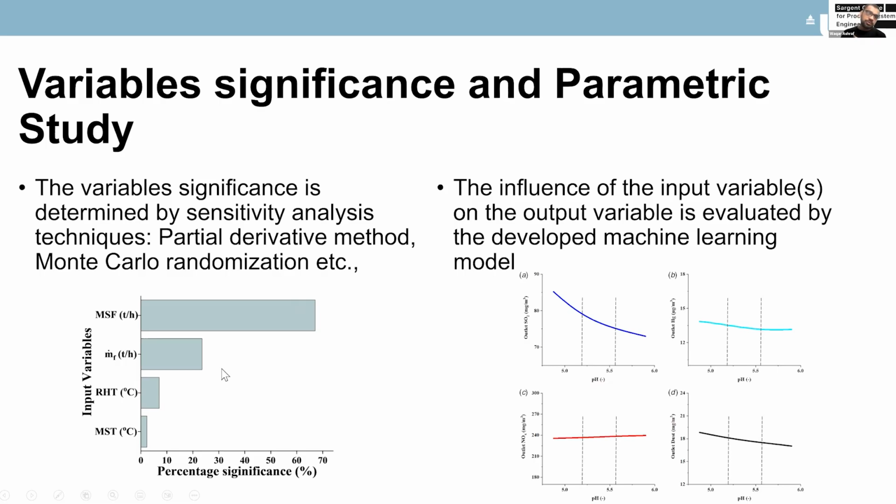And here I have shown the relative significance of my 4 input variables on the power generation. For the parametric significance analysis, the impact of input variables on my output variable has been shown here, and the recommended operating ranges for the parameters have also been suggested here.